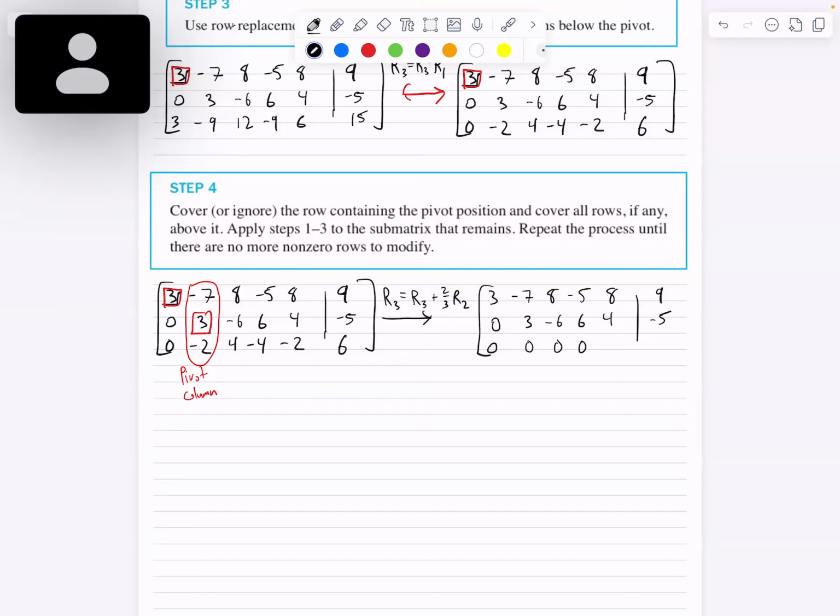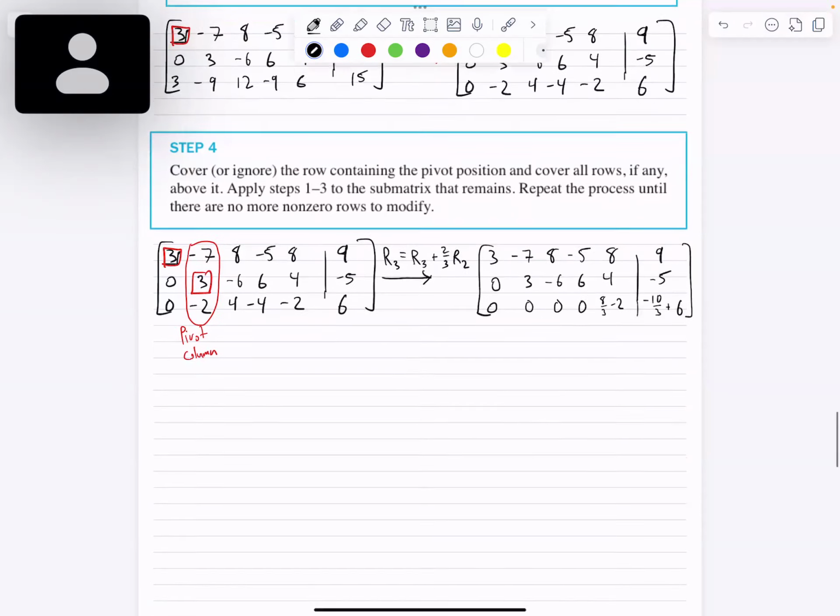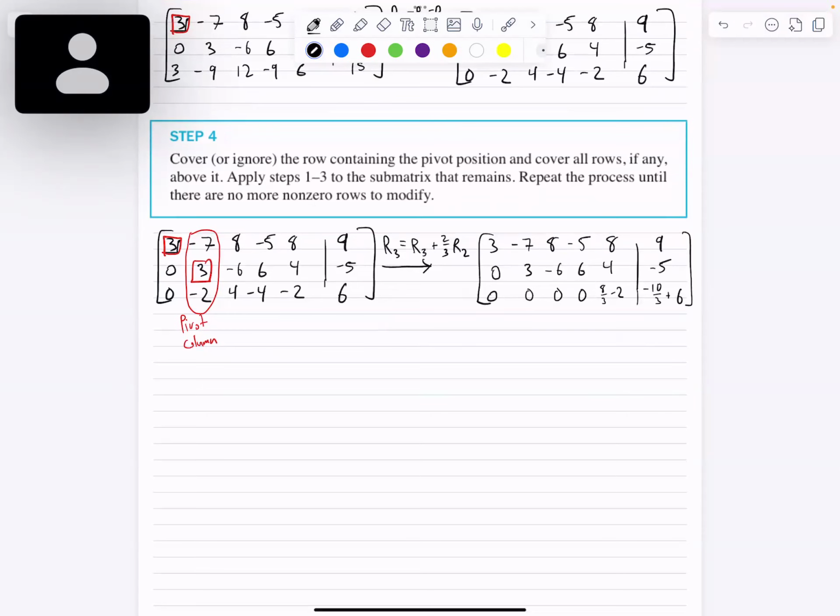And then 8/3 minus 2, whatever 8/3 minus 2 is. 8/3, I guess I just write it, minus 2, that's fine. And then -10/3 plus 6. I'm too lazy to actually figure out what those numbers are.